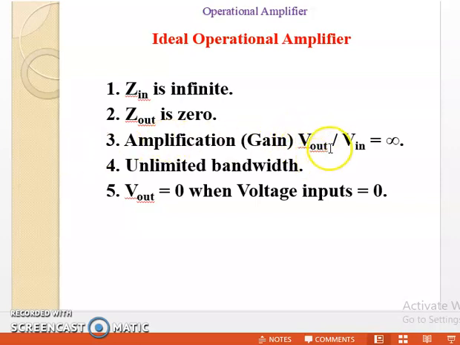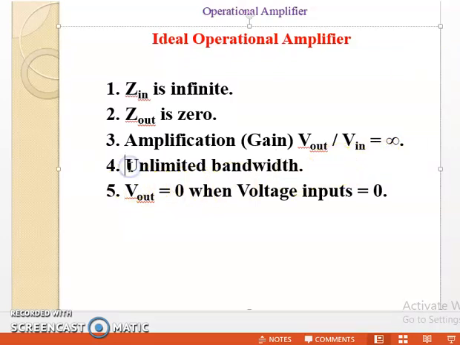Output is surely greater than input. But in the case of an operational amplifier, output is very large compared to input. This ratio of V out to V in is infinite. This is one of the important characteristics of an ideal operational amplifier. So the amplification gain is very high, we say infinite.